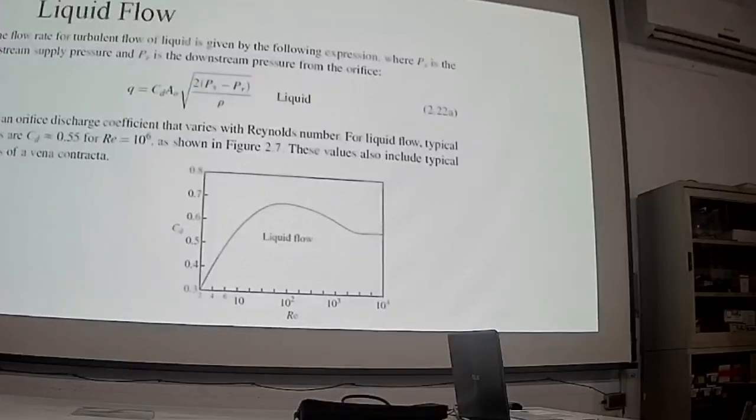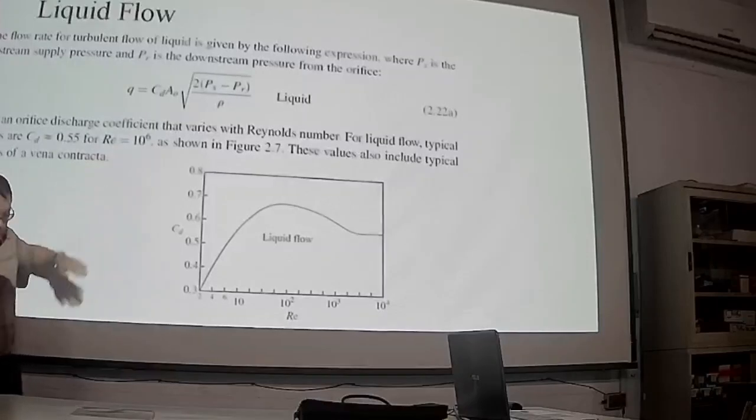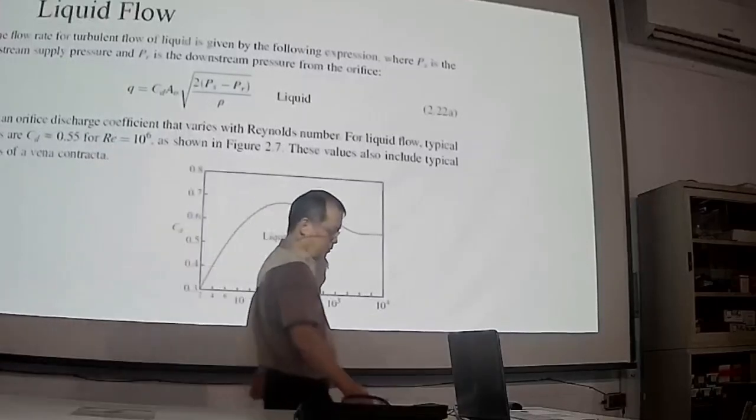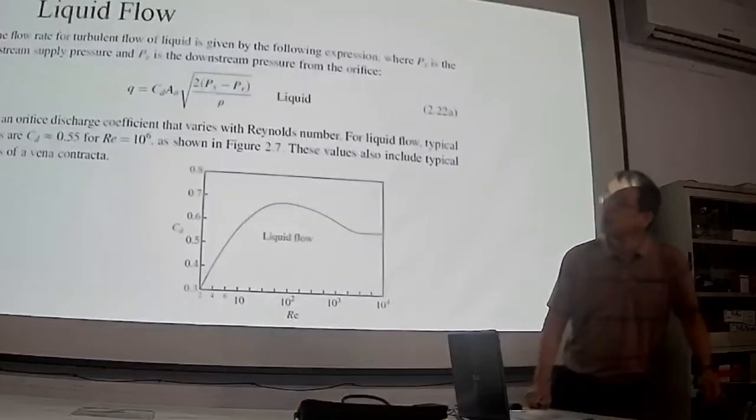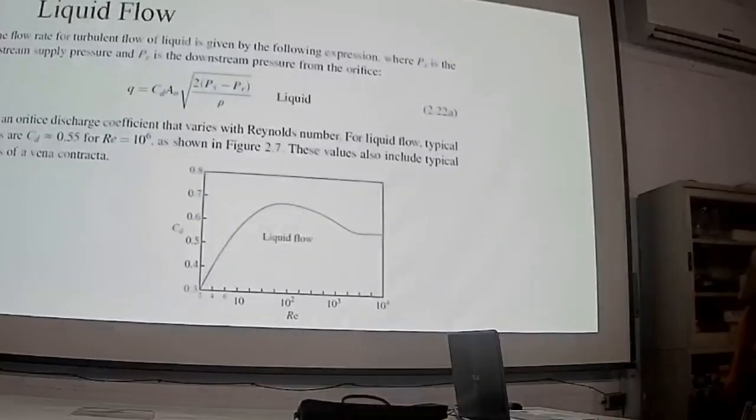So you see, for here, the random number is 1 million.